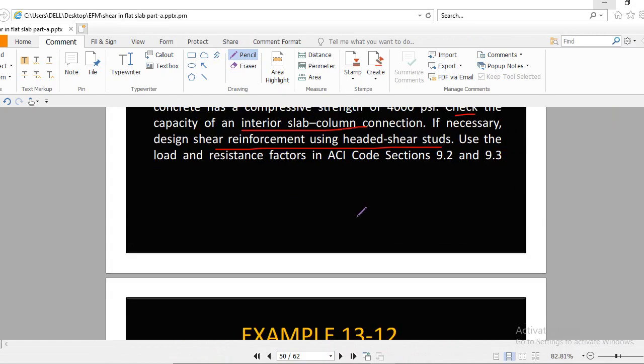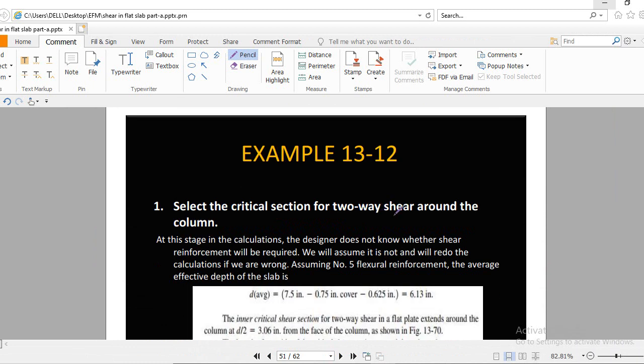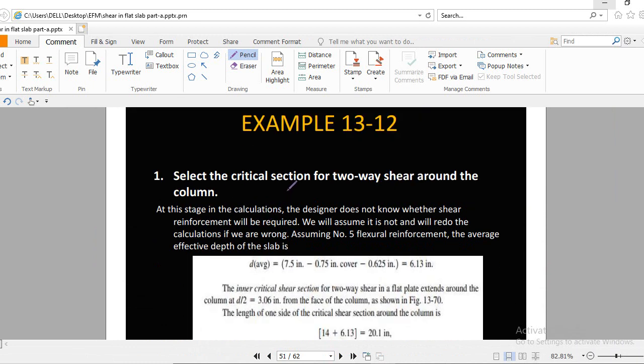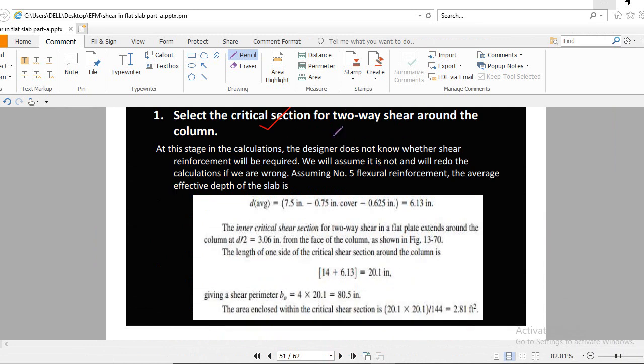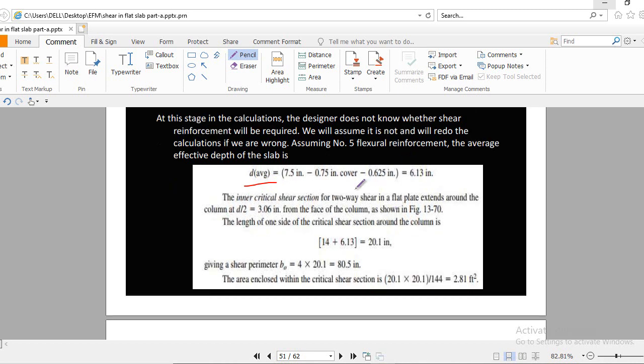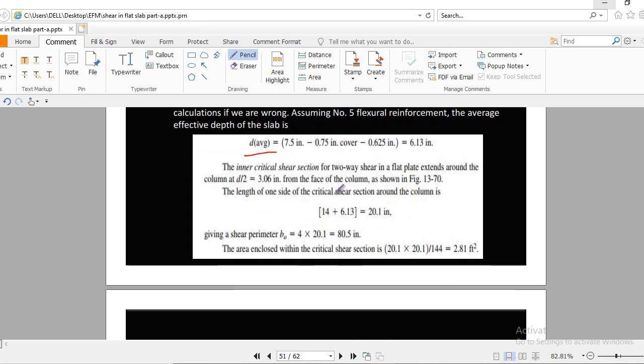First of all, we have to select the critical section. The critical section we already explained in lecture number 11. We have the inner critical section and the outer critical section, and we already saw how to calculate d average in that lecture. So go there and watch how to calculate d average in the case of shear studs.